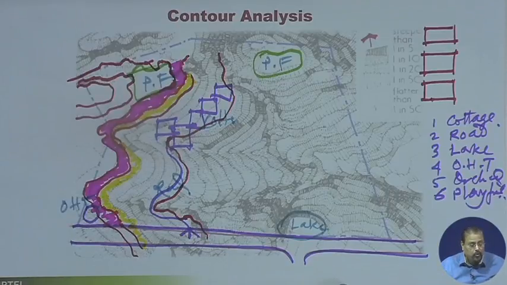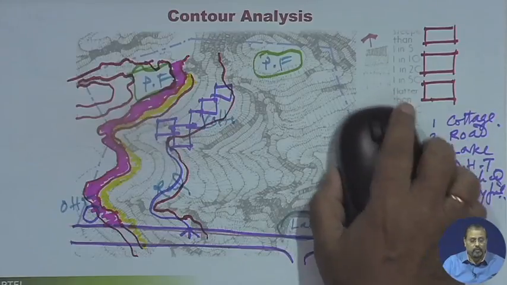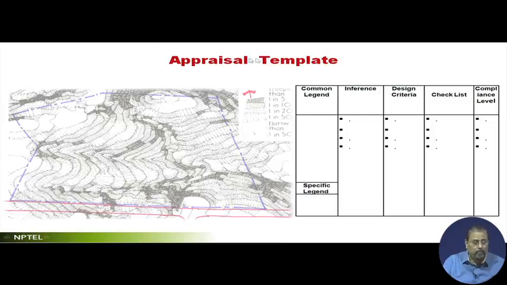The template I am going back again to show you: in the appraisal template here it will be written as contour analysis, and after that you will decide what are the common legends already in the drawing, and what specific legends like say levels, contours and all these things that you will write here, and then you will infer.